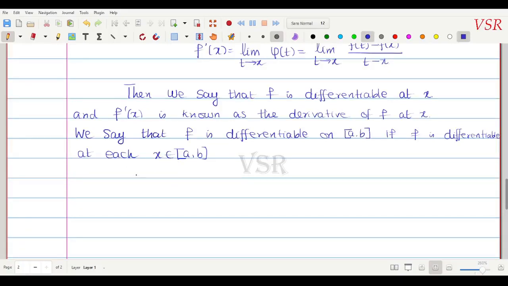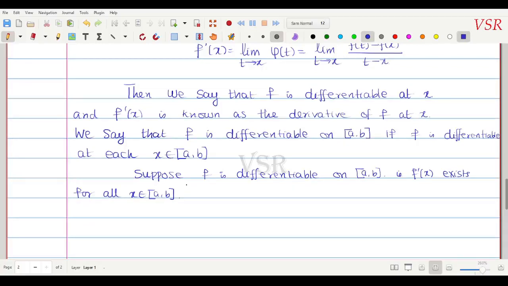Suppose f is differentiable on [a, b]. That means f dash of x exists for all x belonging to [a, b]. That is, for whichever x we give, we get f dash of x.